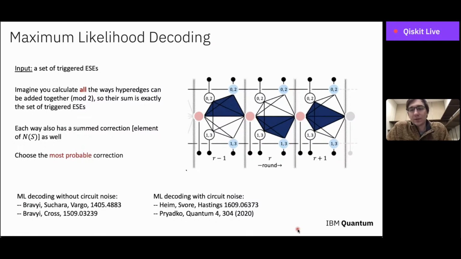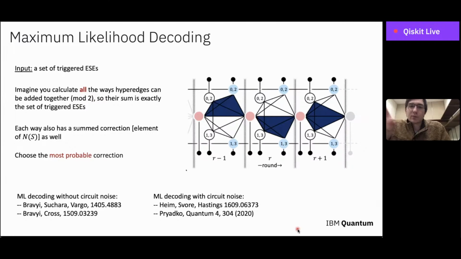So here's the maximum likelihood decoder, or at least an overview of it. I'm not going to go into more detail than this, actually. The input is the set of error-sensitive events that you see, but then you imagine that instead of just doing the perfect matching that the matching decoder does, you take all the different ways the hyperedges can occur, so that when you add together that subset of hyperedges, their sum is exactly the set of error-sensitive events that you see.